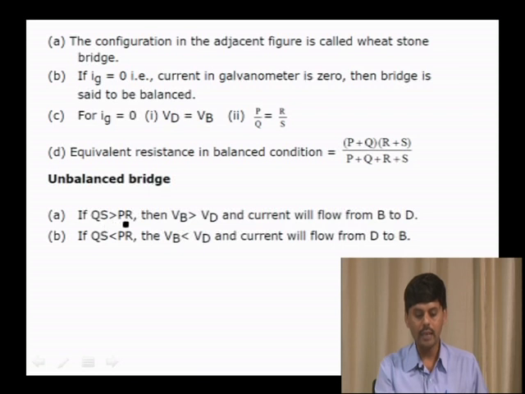If QS is greater than PR, then VB is greater than VD, and the current will flow from B to D. The second one: if QS is less than PR, then VB is less than VD, and the current flows from D to B. It is very important. No need to calculate the entire thing, you only observe these values, whether greater or lesser. By taking the help of this concept, we can easily find in which direction the current is flowing.